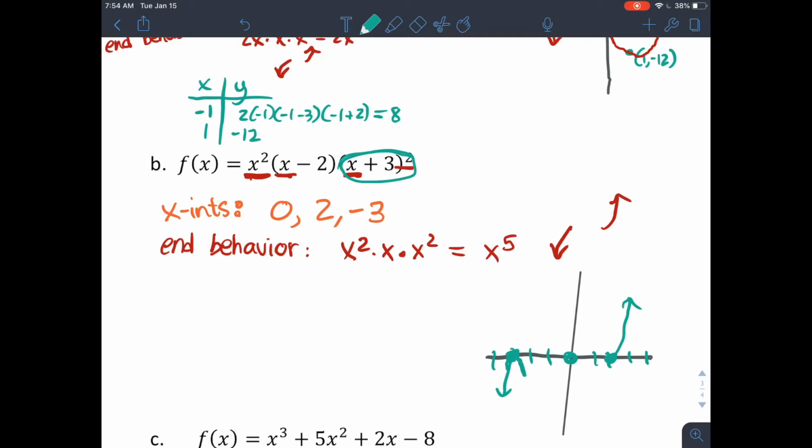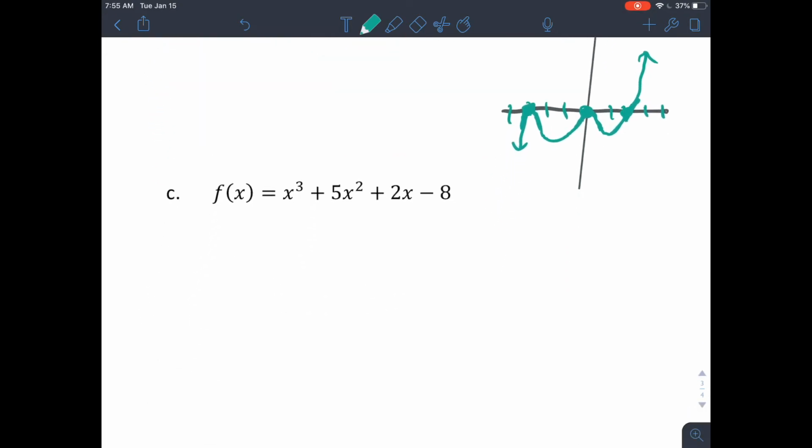So you could draw that in. And then it's going to actually cross it at 2. Which means your graph's going to end up looking something like I sketched right there. So you could plug in x values in between your x-intercepts and also find that you're below the x-axis, or you could just use your even multiplicity to realize it's just going to touch the x-axis at 0 and -3.